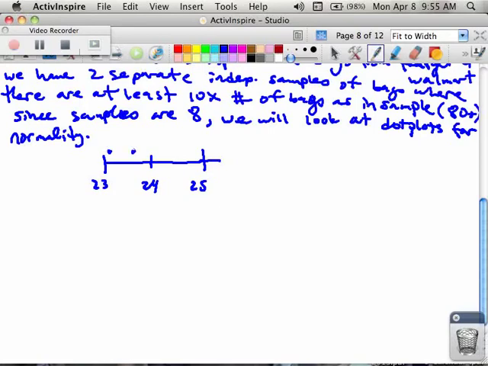So maybe here's 7, here's 9. We got 24.2, 4, 5, and 8. And then we have 25.2. And this is Target.